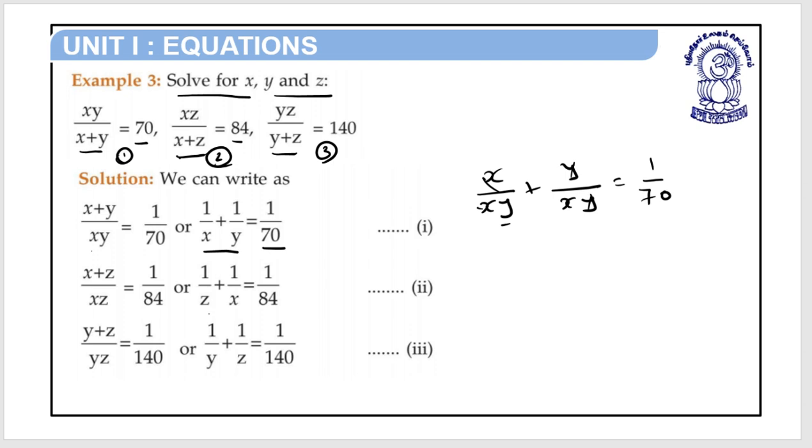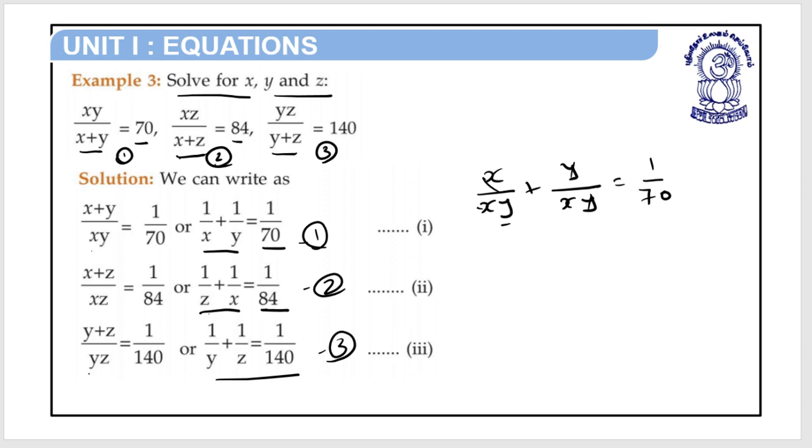So 1 upon z plus 1 upon x is equal to 1 upon 84. Y plus z upon yz is equal to 1 upon 140, so 1 upon y plus 1 upon z is equal to 1 upon 140. Here these are equation number 1, equation number 2 and equation number 3.